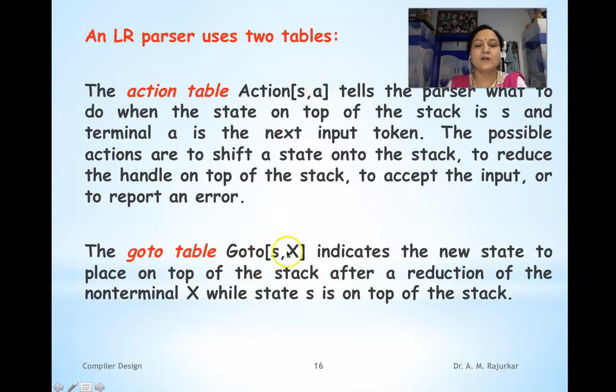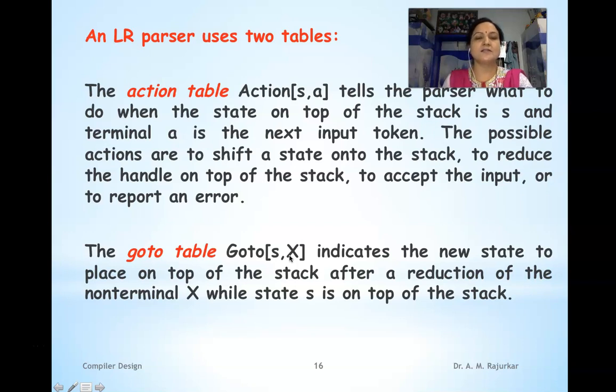While in the goto table, for state s and the non-terminal X, we find the state number. This indicates the new state to place on top of the stack after a reduction to the non-terminal X, while state s is on top of the stack. So s will be on top of the stack, and X will be the non-terminal which we are going to push onto the stack after reduction.